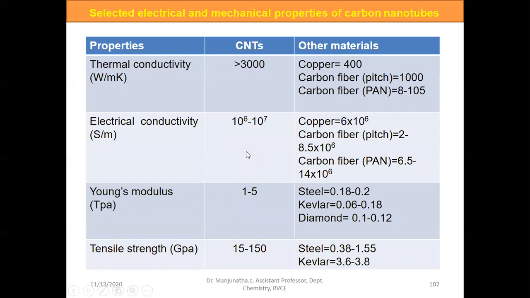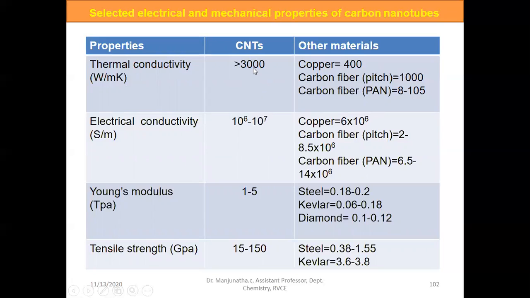These are some of the selected electrical and mechanical properties of CNTs compared with other materials. Look at this thermal conductivity, greater than 3000. It is nowhere comparable to copper, carbon fiber and other similar materials. Their thermal conductivity is very much below that of CNTs.